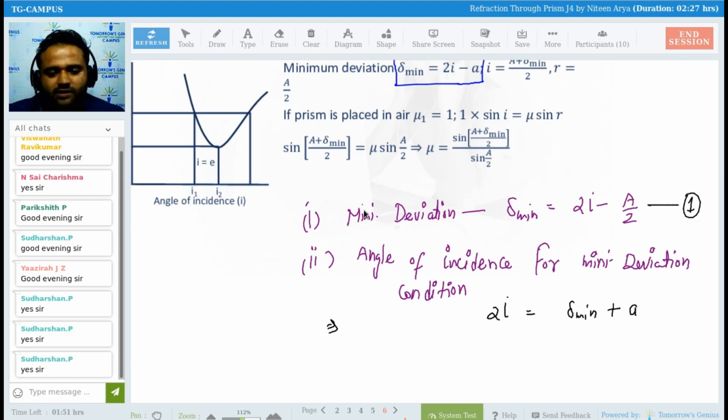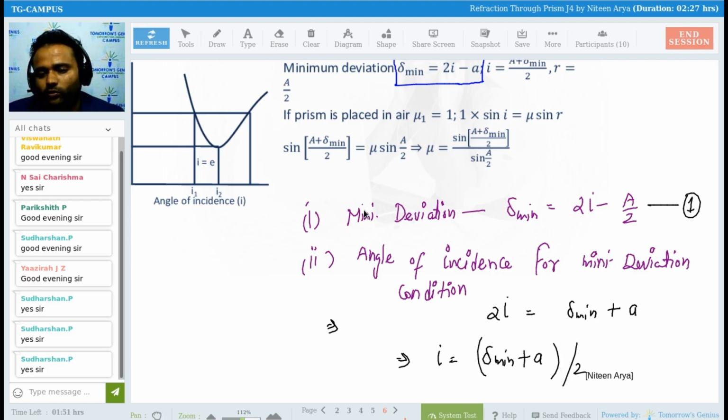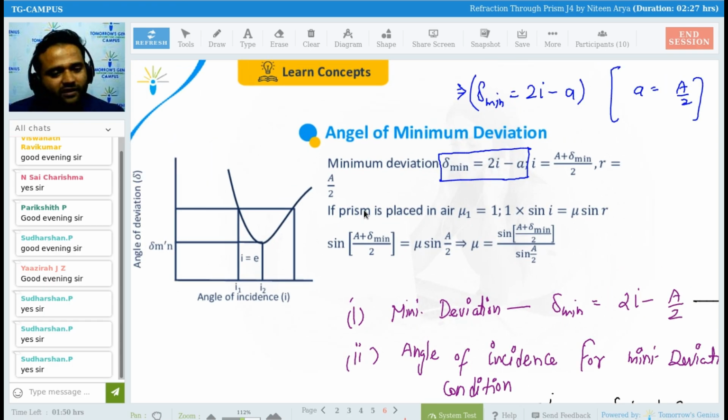And then the angle of incidence I is going to be delta min plus A divided by whole 2. So we can find the angle of incidence also. Already we know the angle of refraction for minimum deviation condition is A by 2. Everything I am doing right now is for the condition of minimum deviation.